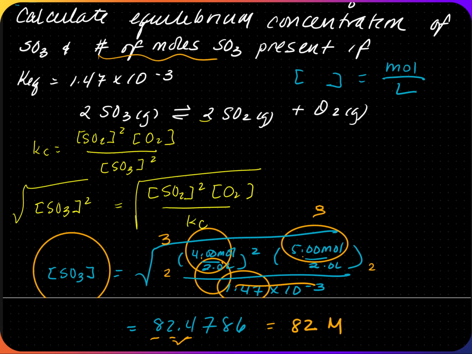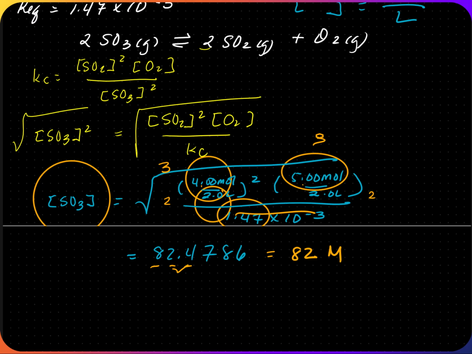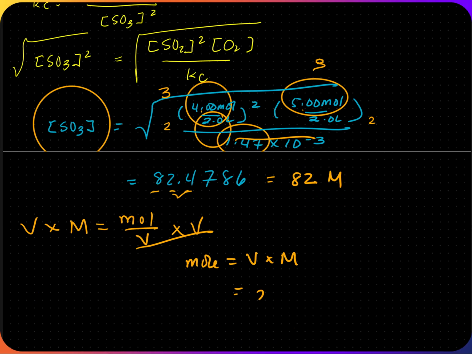They also want you to find the number of moles of SO3. There are 2 ways you could solve for this. You could do molarity is equal to moles per volume, and if I do that, I multiply both sides by volume. So this becomes moles is equal to volume times molarity. That's going to be 2.0 liters because that was the volume given, times 82 molar, which equals 164 moles.